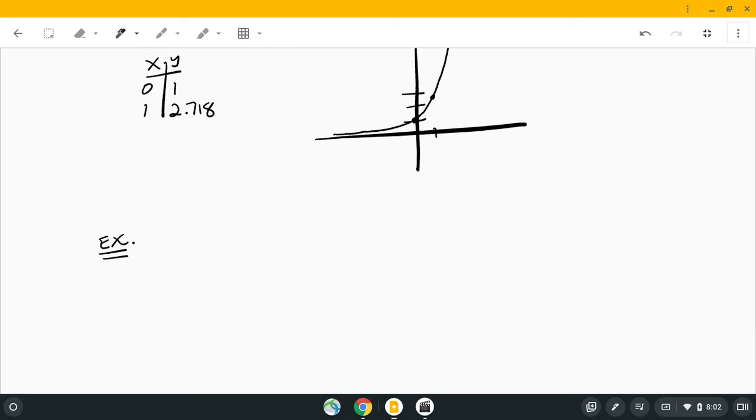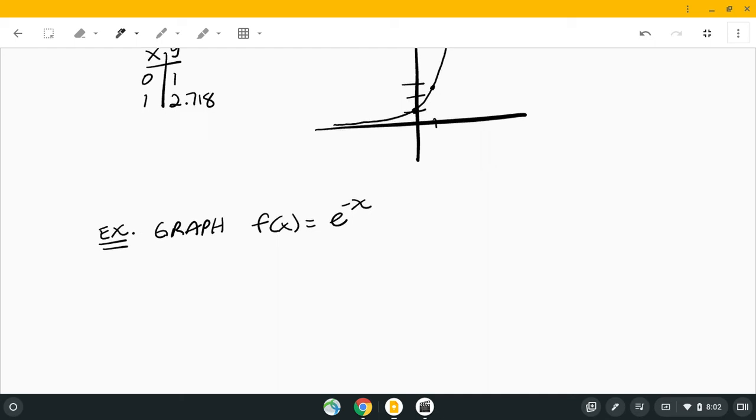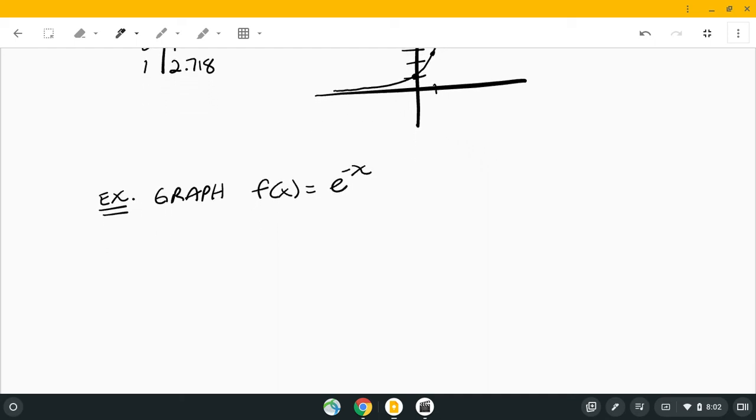Okay, if we graph f of x, which equals e to the negative x, this one's going to reflect the graph over the y-axis. So you could do that transformation, but again, to me these are just as easy if we make a table for this actual function instead of using the parent function.